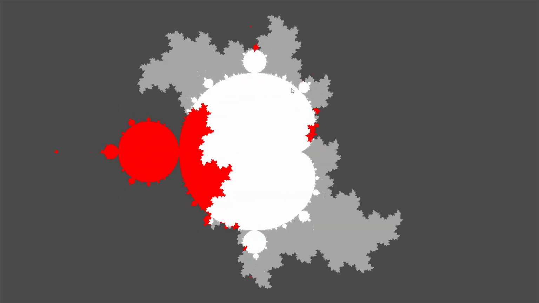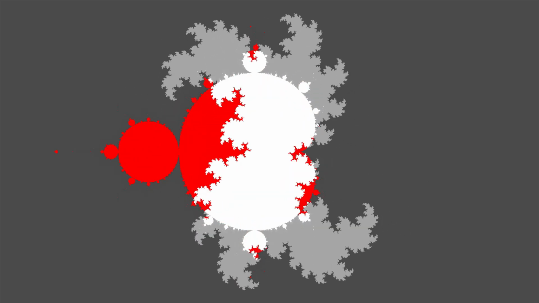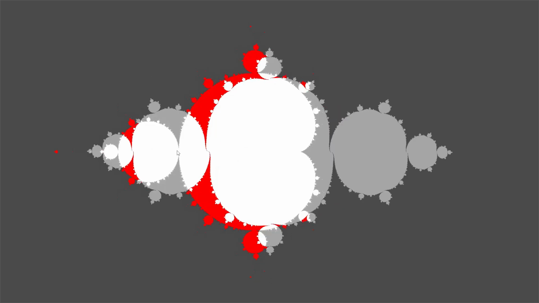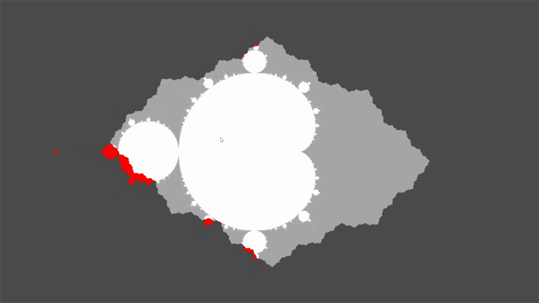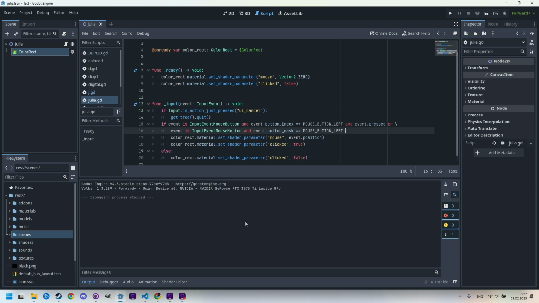We can see how smooth it is. And notice that the most interesting shapes appear when we move along the edge of the Mandelbrot set, like this one or this one, which beautifully demonstrate its fractal nature. Okay, let's end the program.